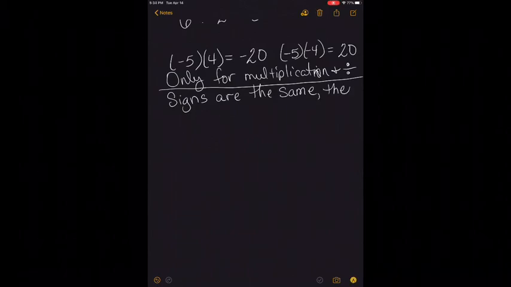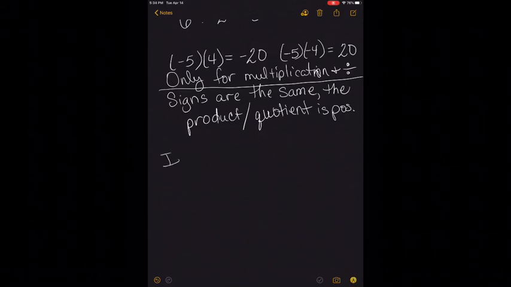If the signs are the same, the product or quotient. Remember, that's the answer to multiplication or the answer to division problem is positive.